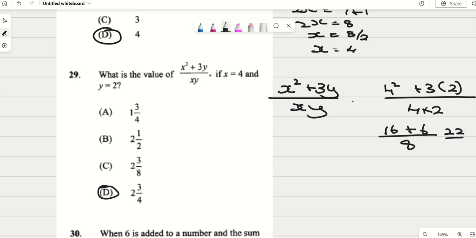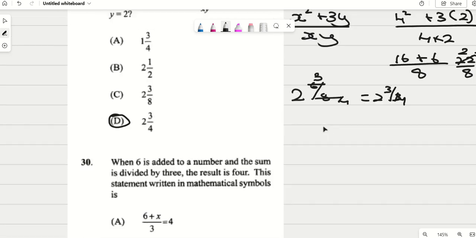That's 22 over 8. 8 going into 22 is 2 times, remainder 6. So it's 2 and 6 over 8. 6 over 8, 2 could go into 6 3 times, 2 could go into 8 4 times. So you get 2 and 3 over 4. So that's how I got that answer.